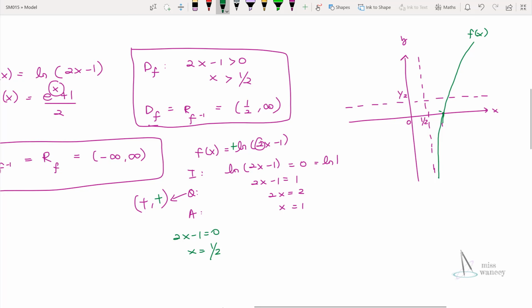Okay, another one is for the f inverse. Okay, so f inverse must also meet at 1. So here 1, and then we will bring it up, but we need to draw y equal to x first. So this is y equal to x.